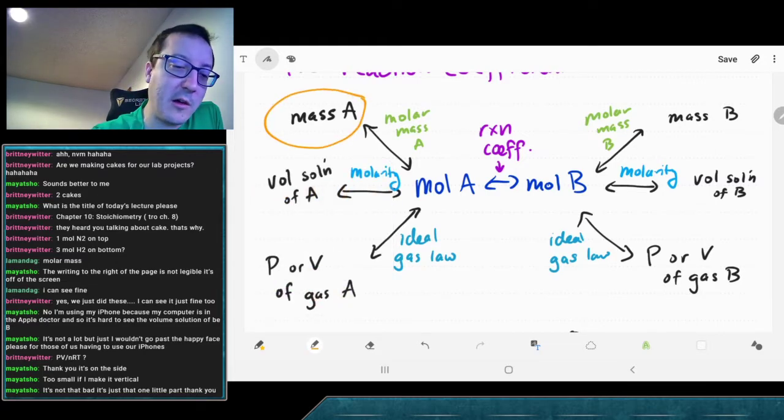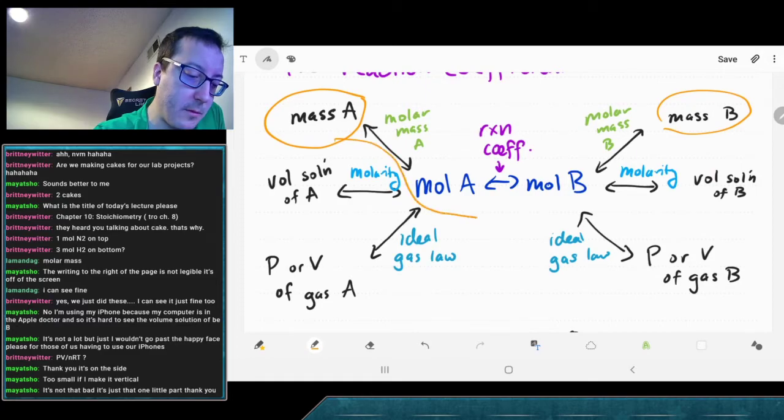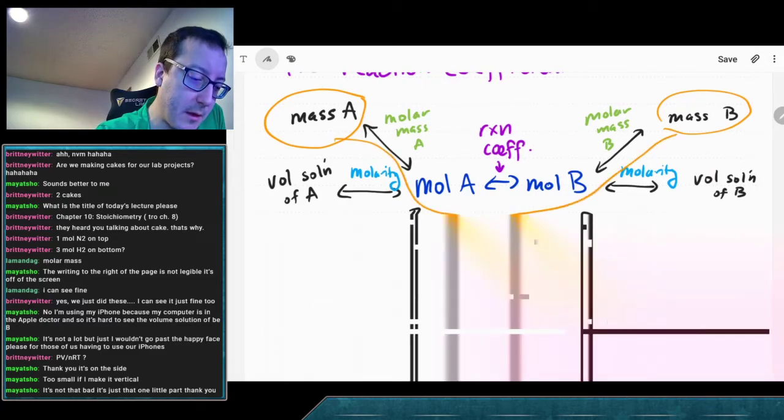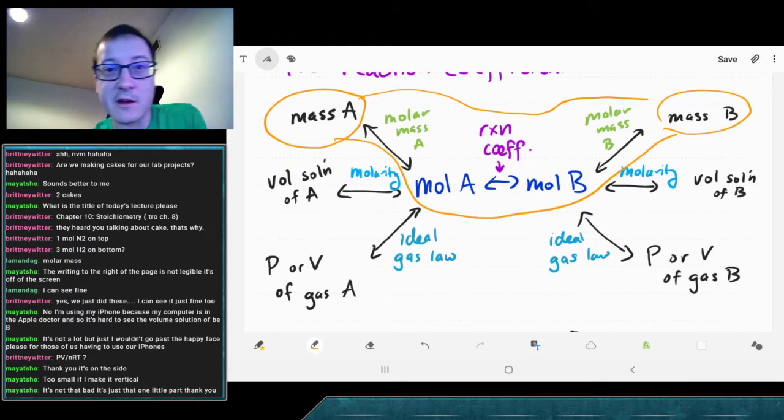And we're looking for mass of B. So, of course, we have to go through the middle. And that's going to be this path right here. So we're going to need the molar mass of A, the reaction coefficients, and the molar mass of B. And that's all we're going to need to figure out this problem.